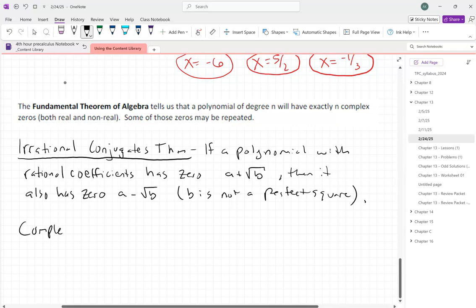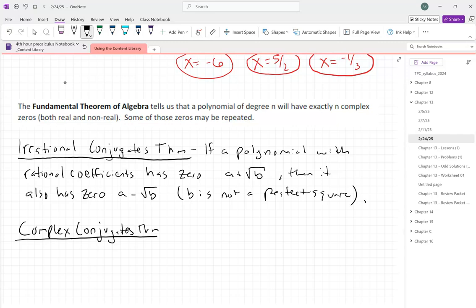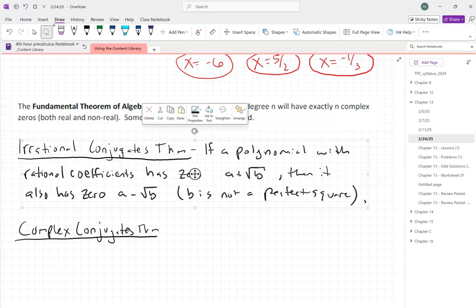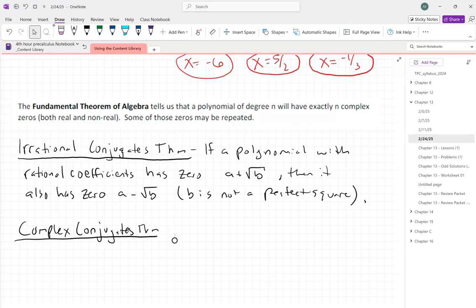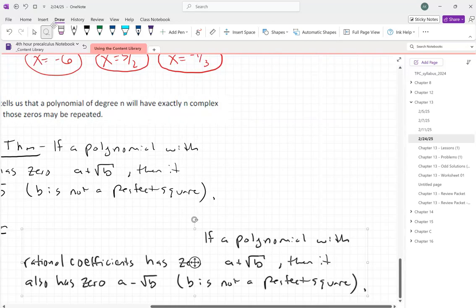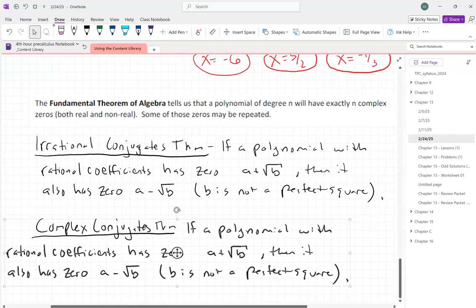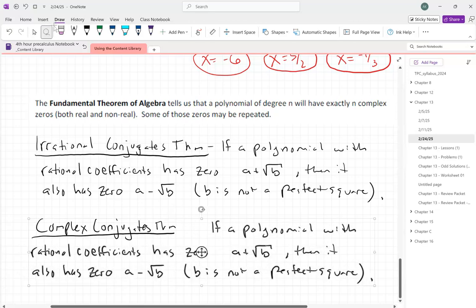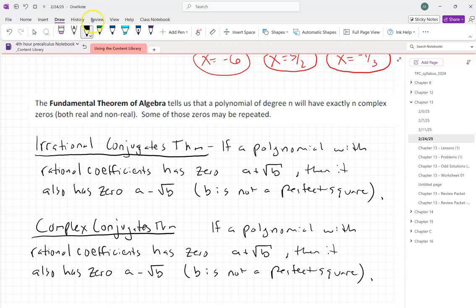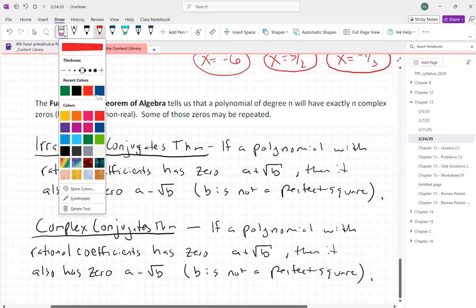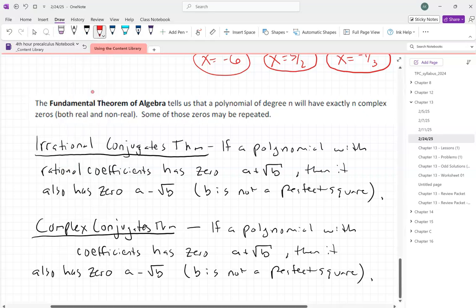The complex conjugates theorem says almost the same thing, except I want to update rational to be real.